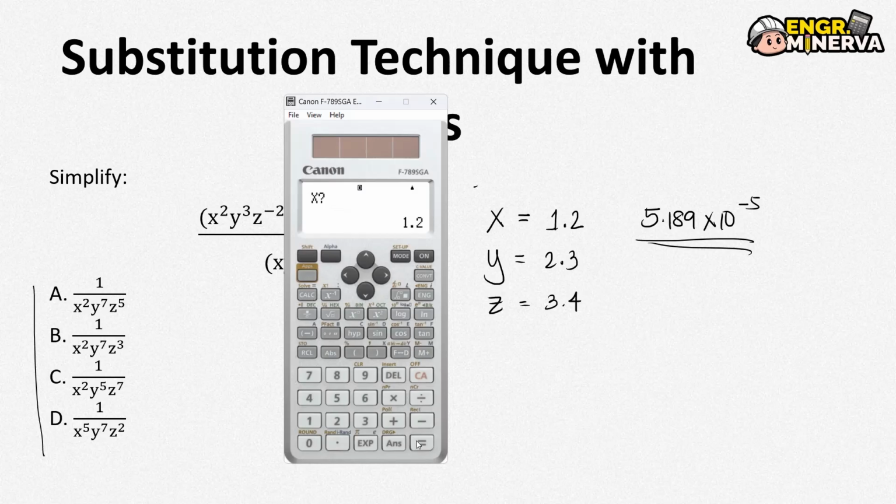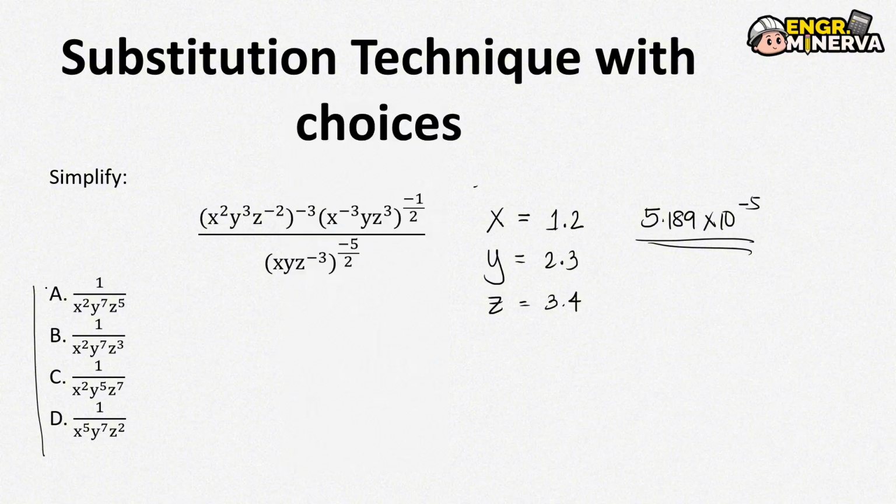We just press equals, but you check those values. For x, we have 1.2, y, we have 2.3, and c, we have 3.4. Press equals. The answer for A is 4.489, which is different from our given answer. So A is not the correct answer.